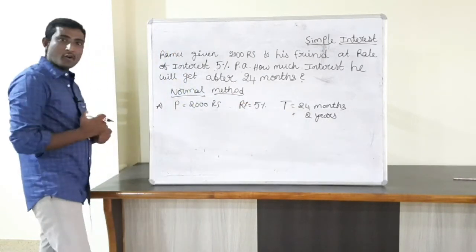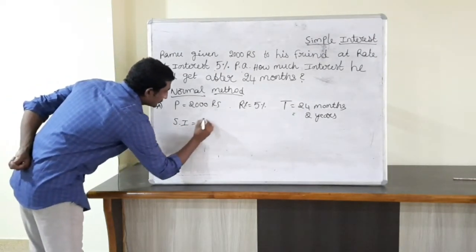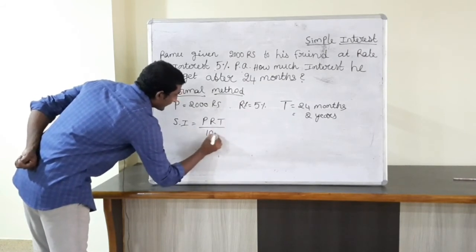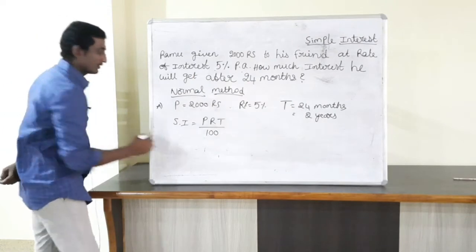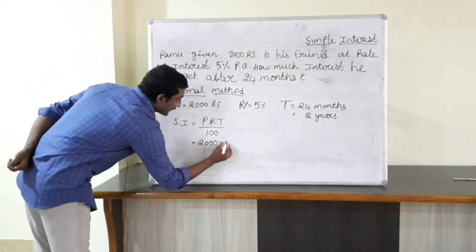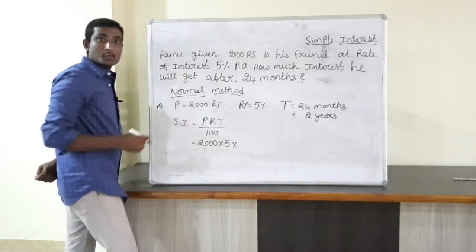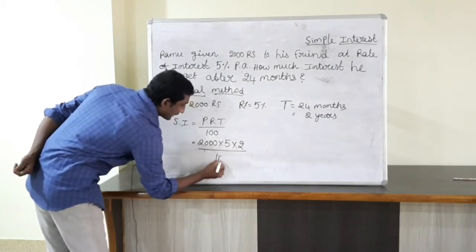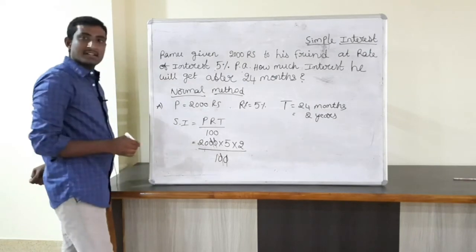So we know the formula. What is the formula? Simple interest equals PRT by 100. Substitute all the values in the formula. P equals how much? 2000 into rate of interest 5, time 24 months is 2 years, divided by 100. 0 0 cancel, 0 0 cancel.